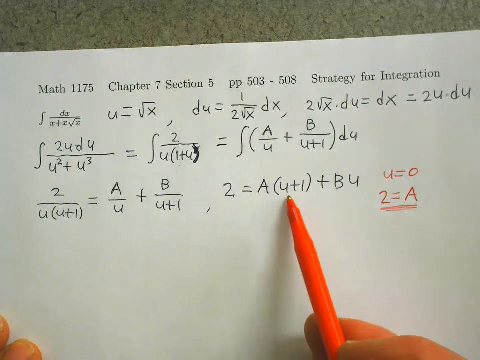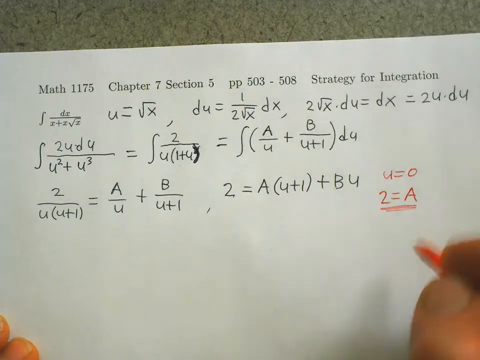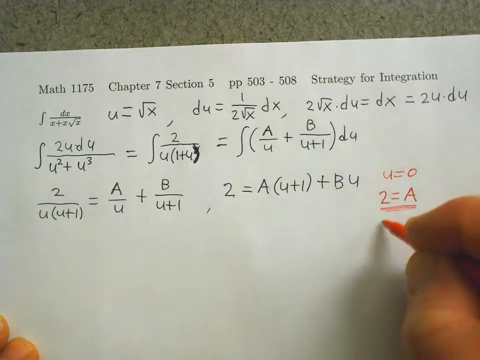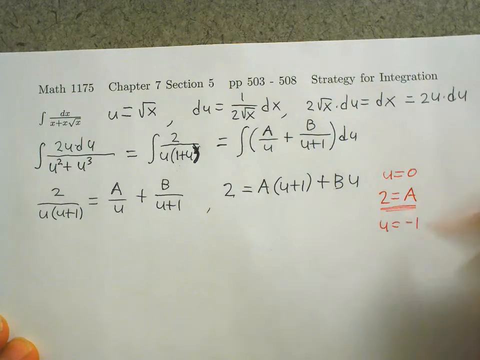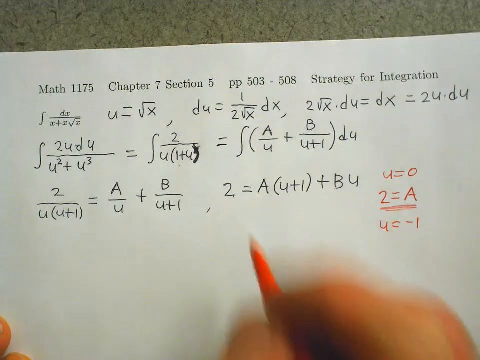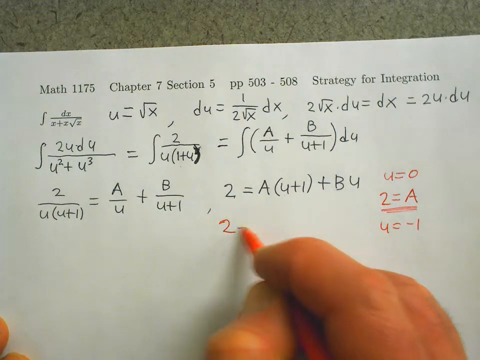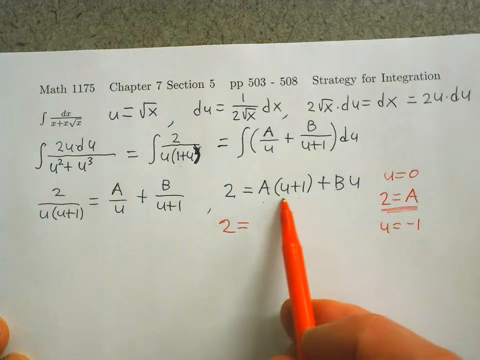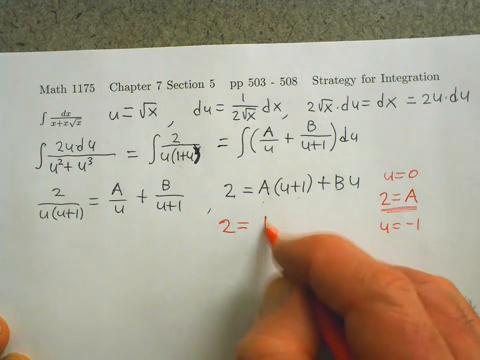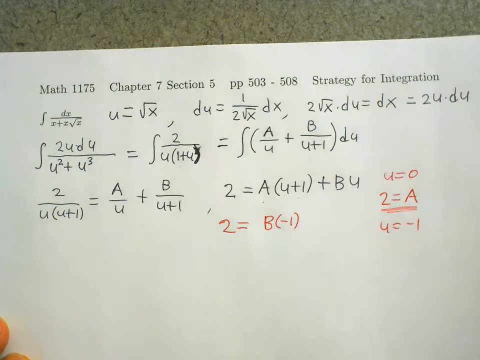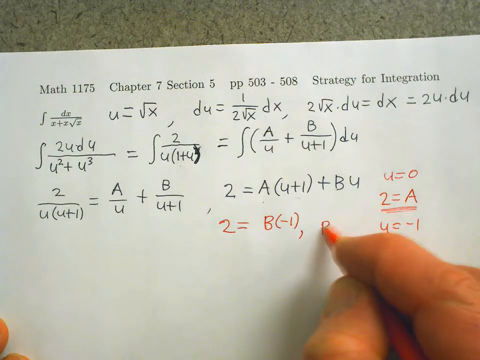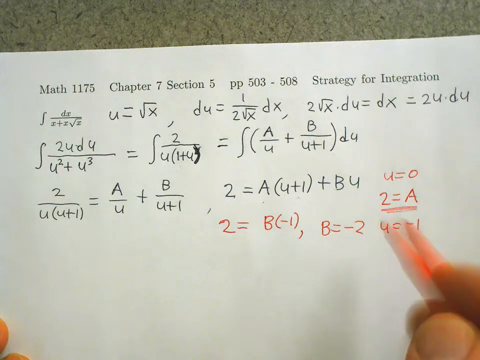Okay, the other factor, u plus 1, if we let u be equal to -1 and replace u with -1, we get 2 equals a times 0, because -1 plus 1 is 0, plus b times -1. And then we solve this for b, and we find that b is equal to -2.